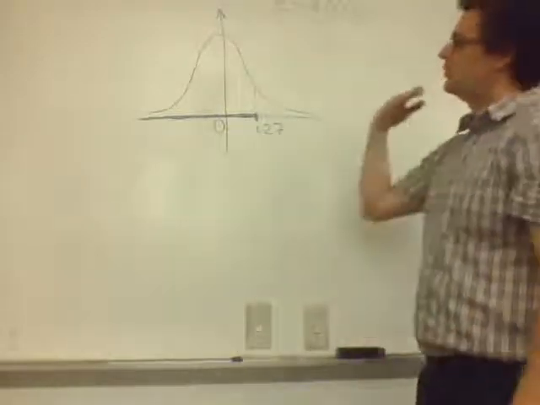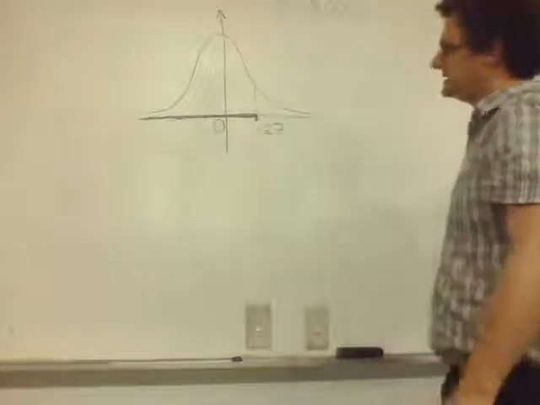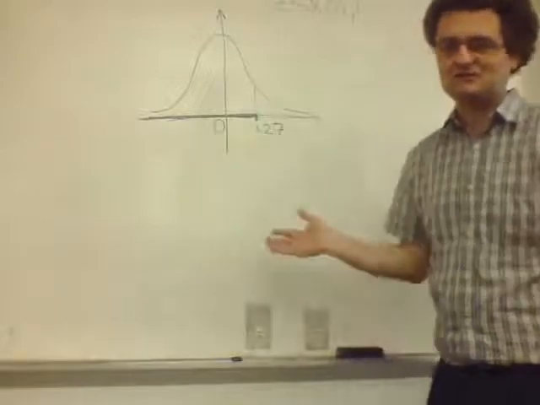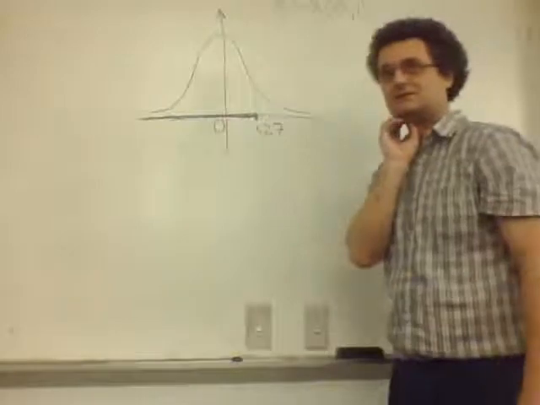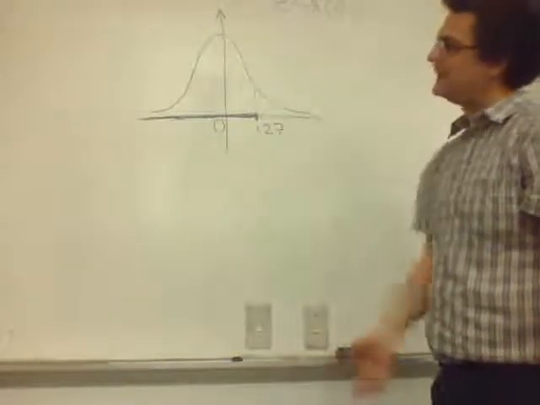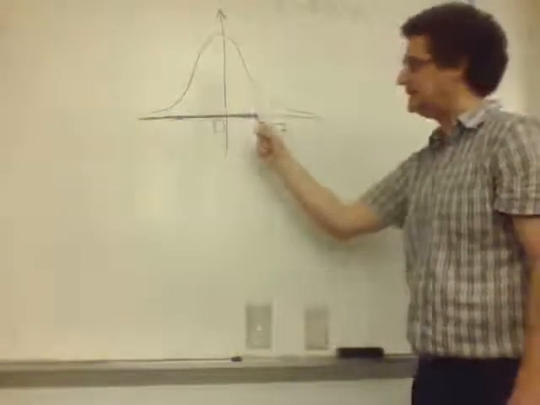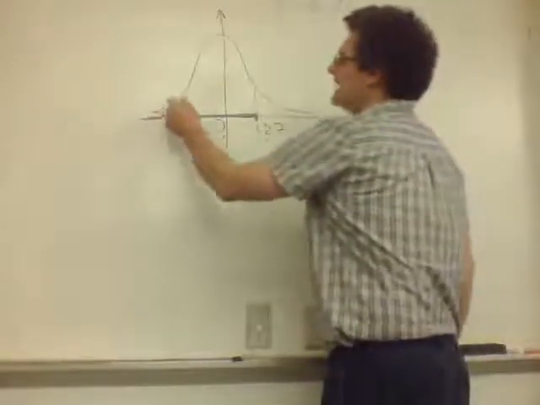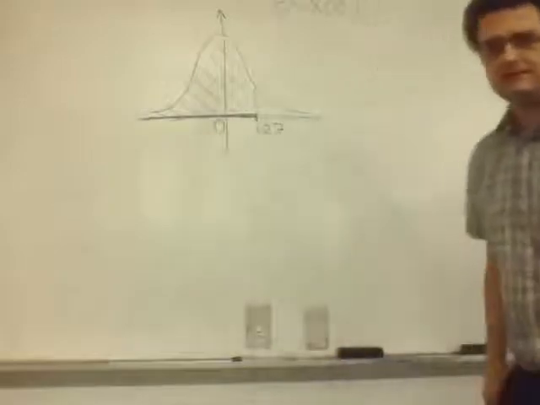So what's the probability that x is less than 1.27? You can read that either as strictly less than or less than or equal to; they're both the same since it's continuous. The probability of falling into the interval from minus infinity up to 1.27 is simply equal to the area below the density curve.